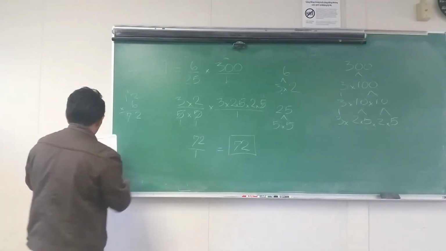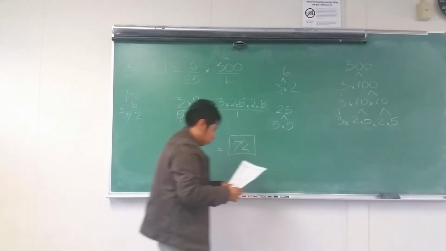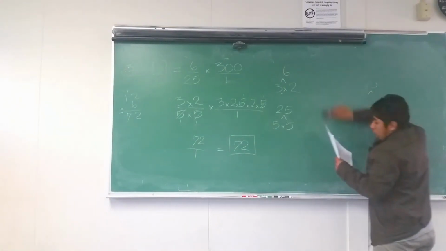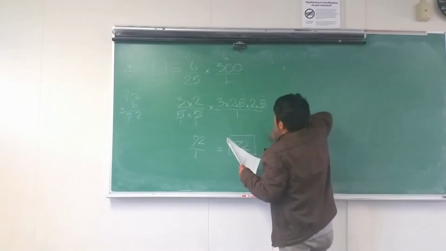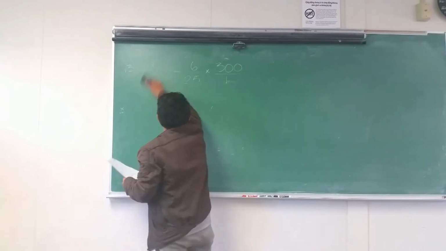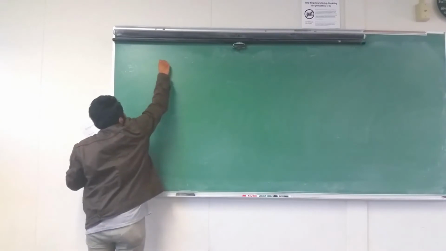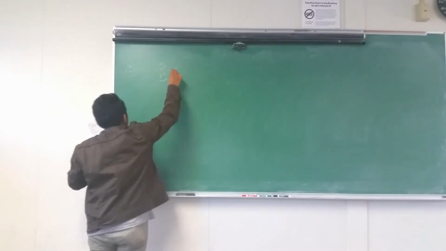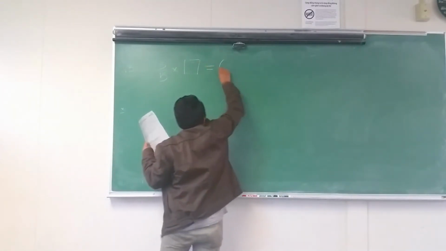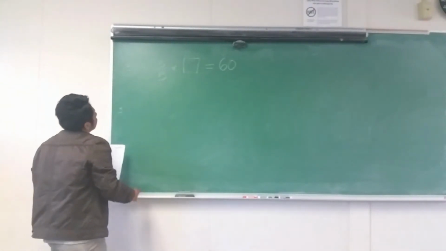Let's look at the following problem, which is 13. In problem 13, we have 3/5 times something equals 60. So let's do that problem: three-fifths times box equals 60.